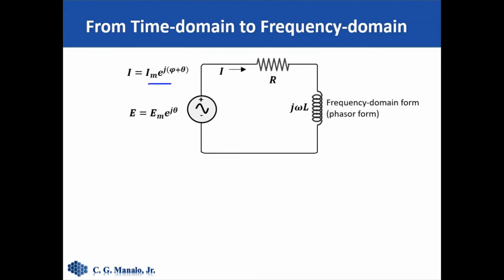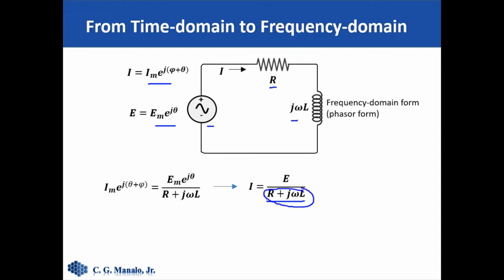The relationship of this and this one is given by this, which we can simply write as that expression, which is just Ohm's law in the frequency domain, where this is our source and this is the sum of the resistance and the inductive reactance in the frequency domain, which is really the impedance of the circuit.